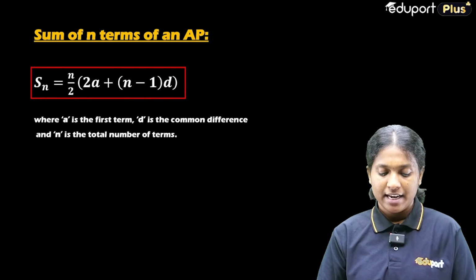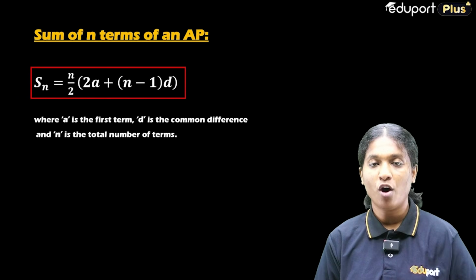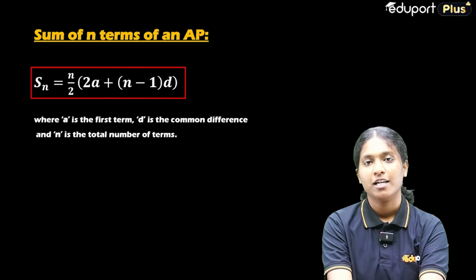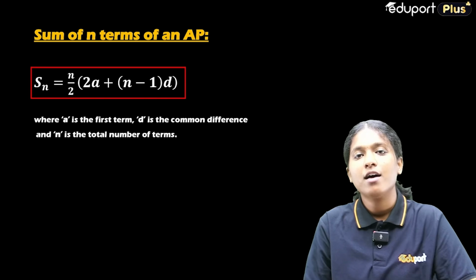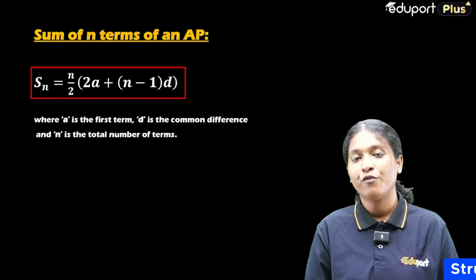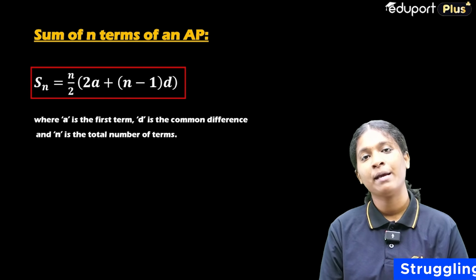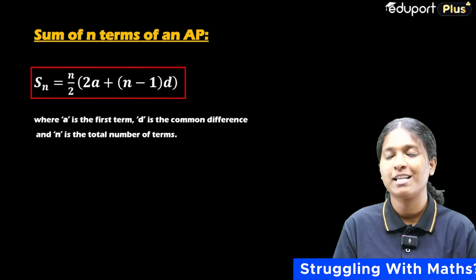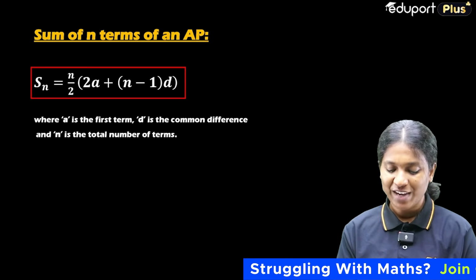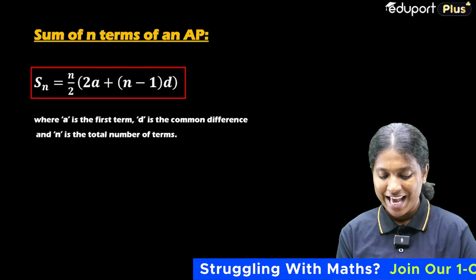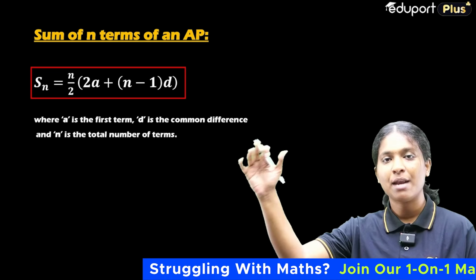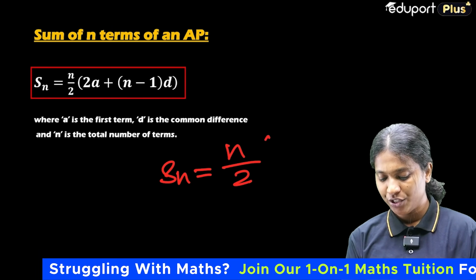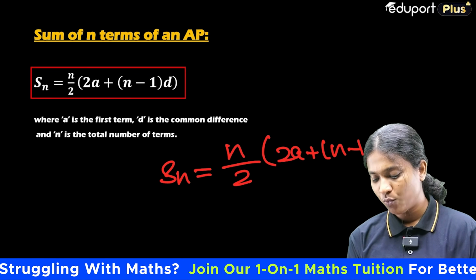Next, sum of terms of an AP that you have learned. If you are asked to find the sum of the first 10 terms of an AP, the sum of the first 20 terms, the sum of 3 terms, or the sum of 4 terms, you can use this formula: Sn is equal to n by 2 into 2a plus n minus 1 into d.